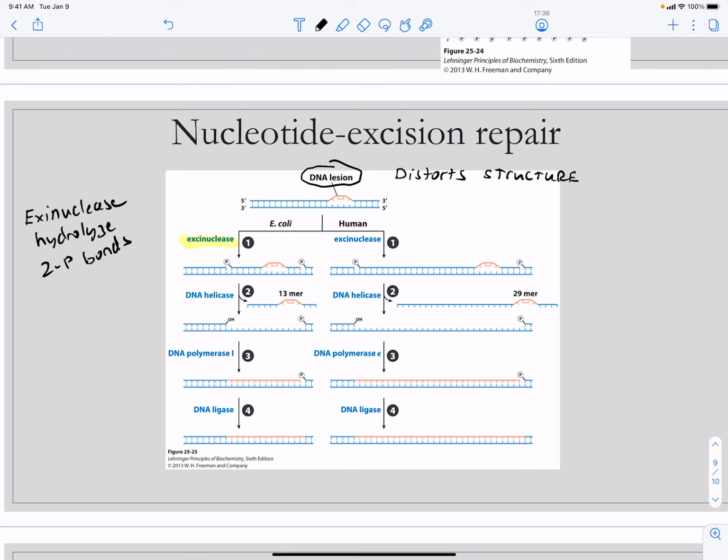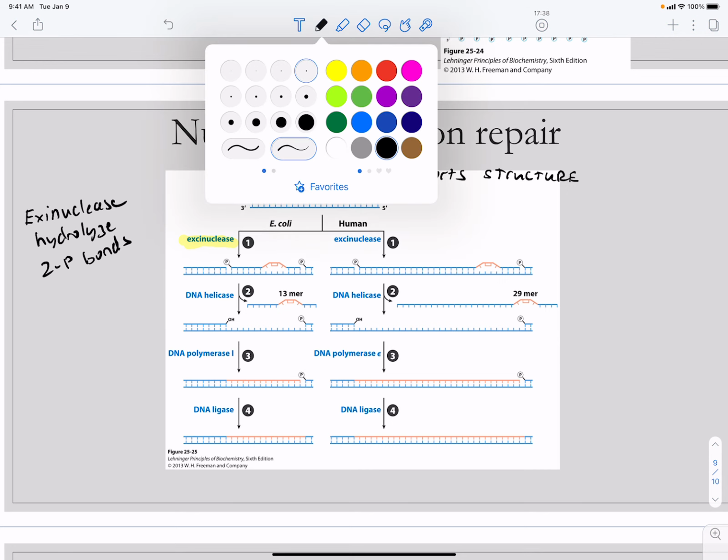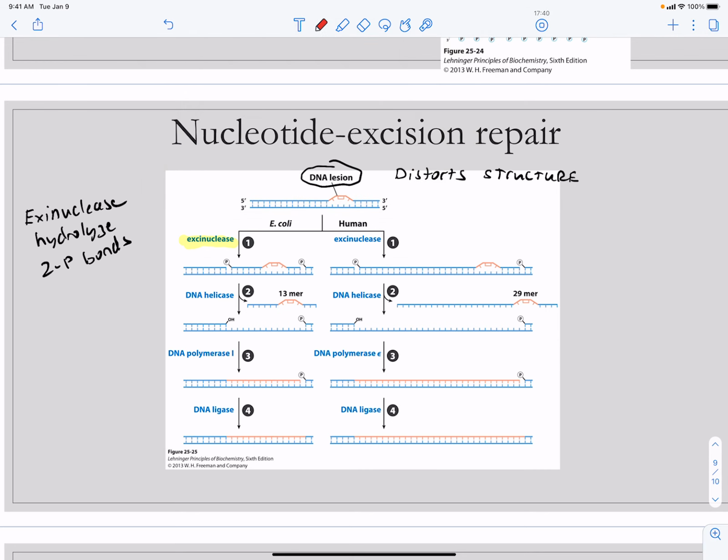So again, it's going to hydrolyze and hydrolyze. In humans, you have the same thing. You have your excinuclease, hydrolyze and hydrolyze. And they are unique in their ability to catalyze two specific cleavages.